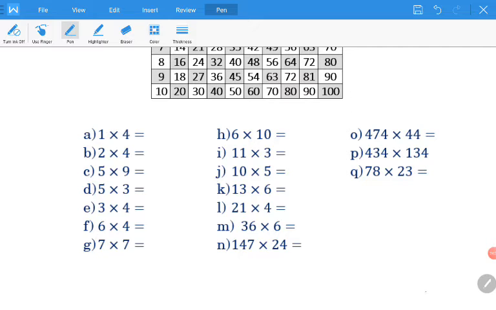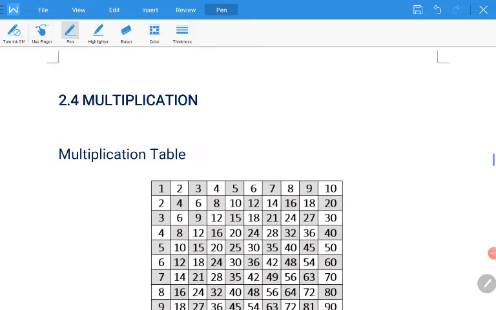So let's look at question C, which is saying 5 times 9. What this means is that we are having 9 groups, each containing 5 elements.